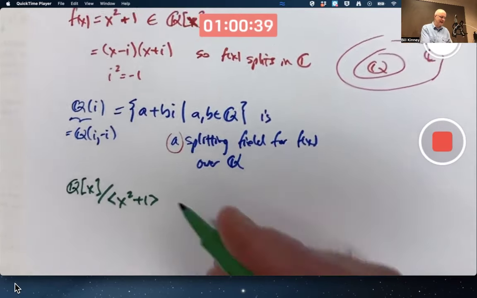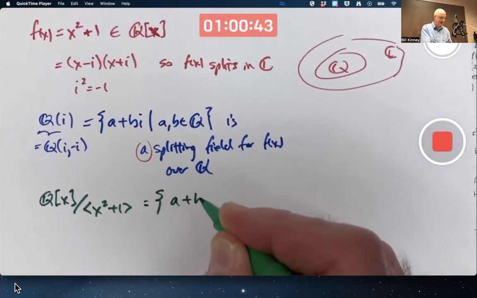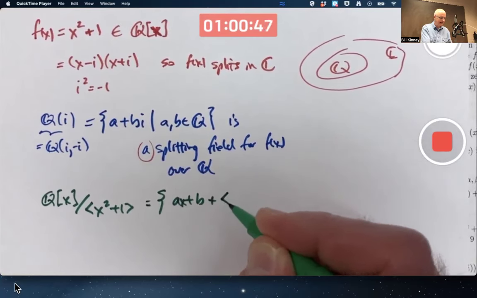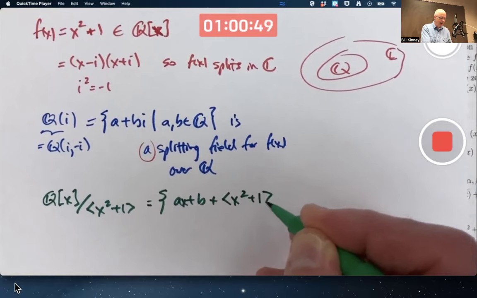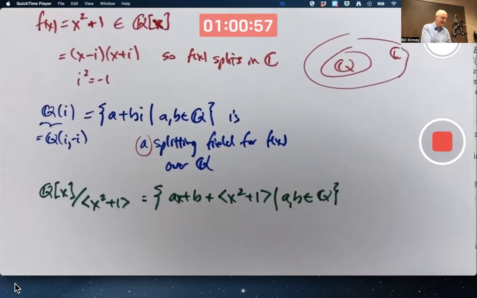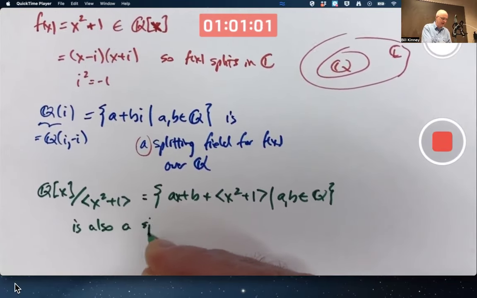What do the elements look like? They look like ax plus b plus the ideal, where a and b are rational numbers. This is also a splitting field.